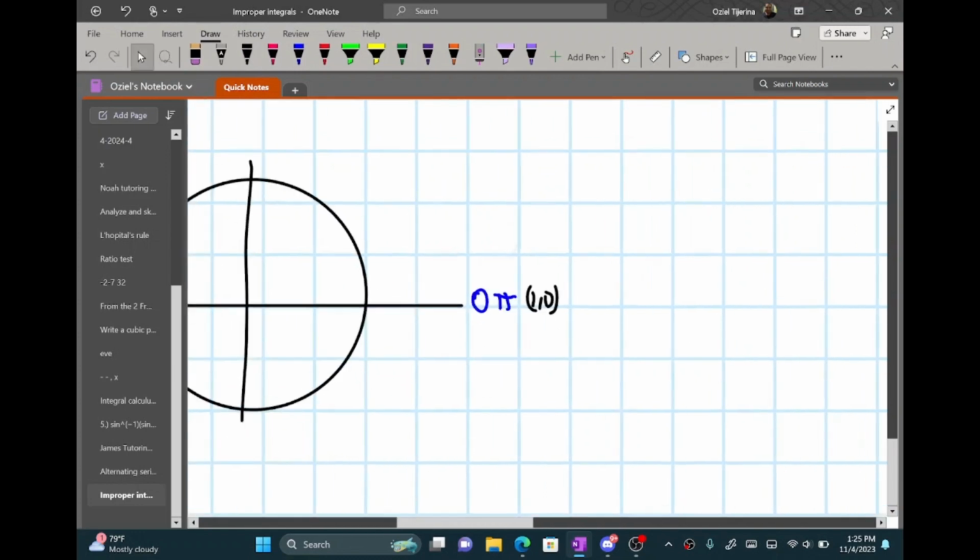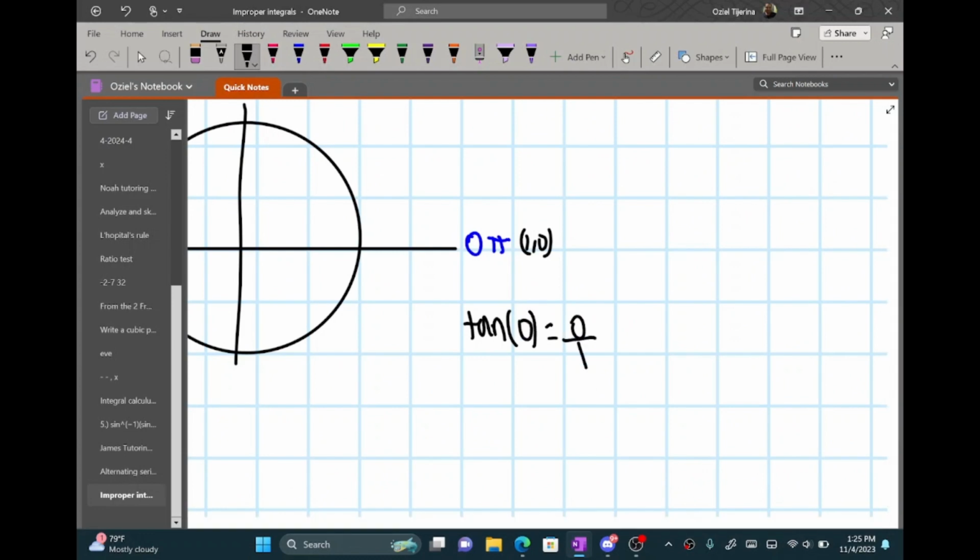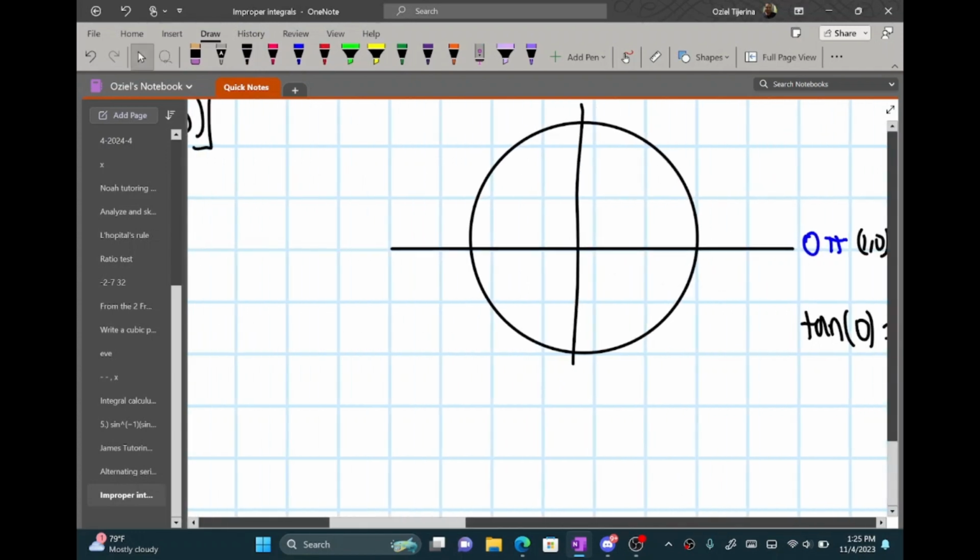And tangent of 0 is 0 over 1, because remember that tan theta is y over x, where we have a coordinate x comma y. So you have to know your trig right there.